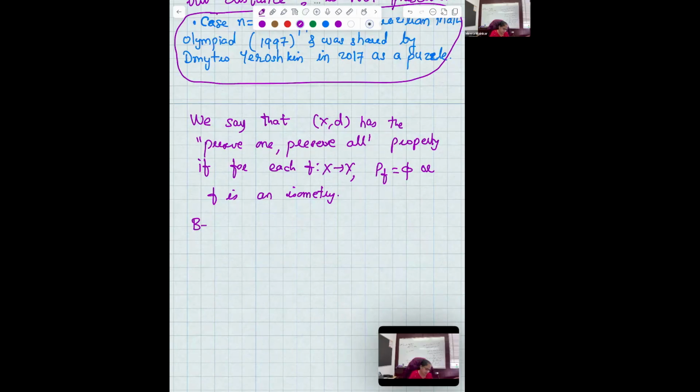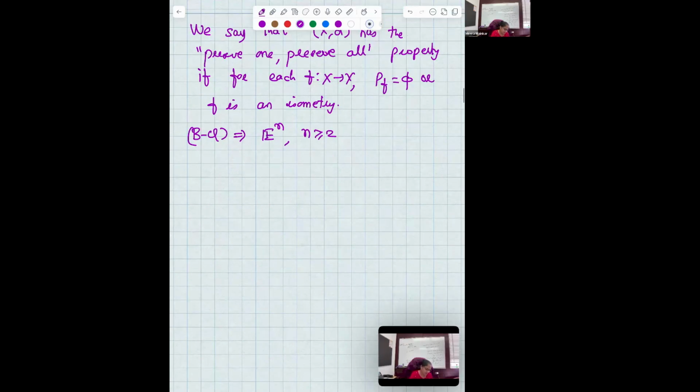So the Beckman-Quarles result implies that R^n or E^n, when n is bigger than or equal to 2, has this property. So when we do some geometric properties in Euclidean space, and then we want to see something in general, the next interesting space is spheres. So what about unit spheres?